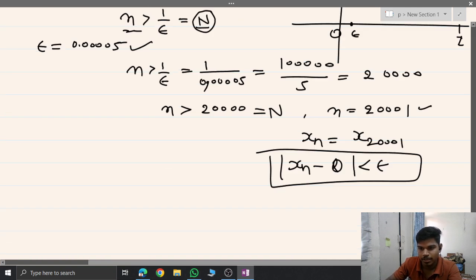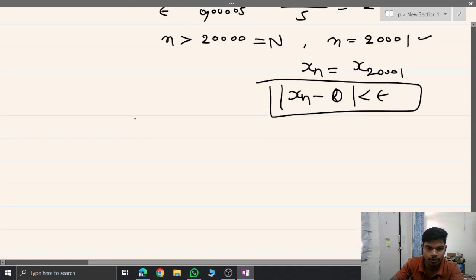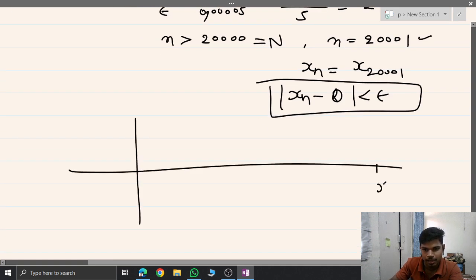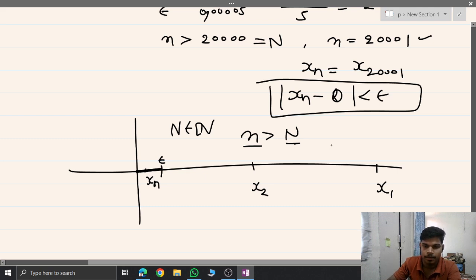So logically, what are we doing? We have a sequence with terms x1, x2, going towards xn, and we are fixing any epsilon here. When we fix any epsilon, we are trying to get a natural number n, so that if you take any value greater than this n, the condition xn minus L is always less than epsilon.